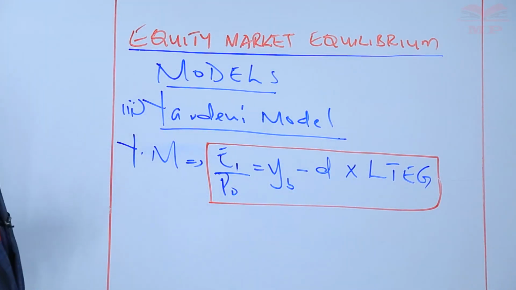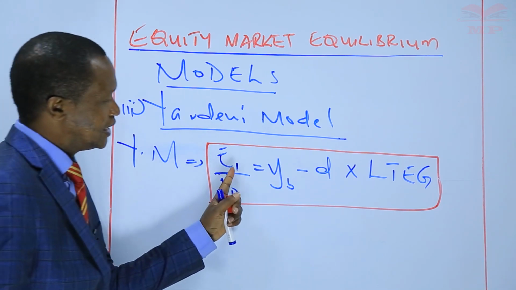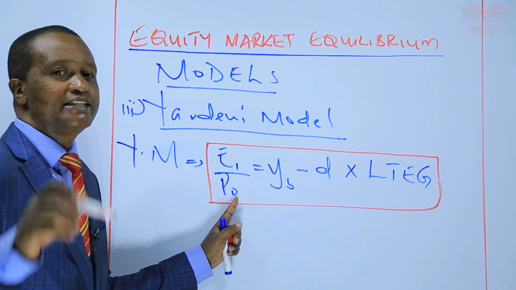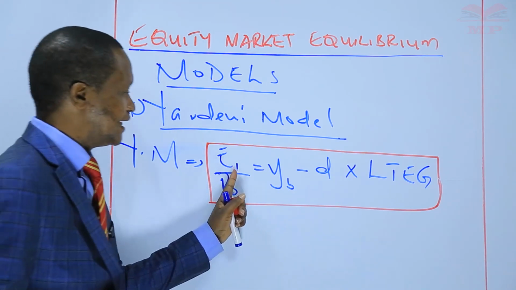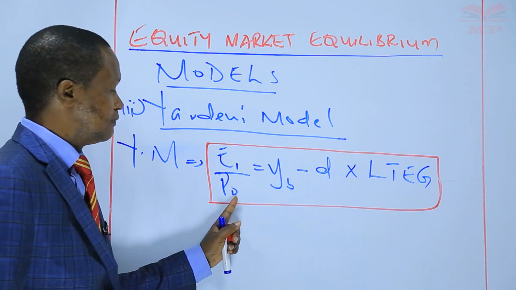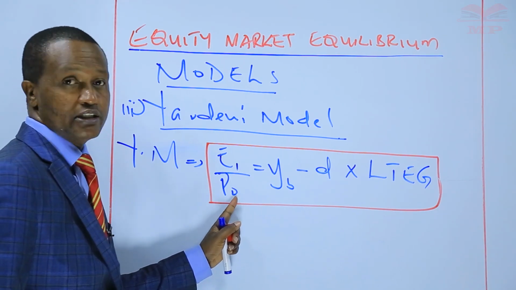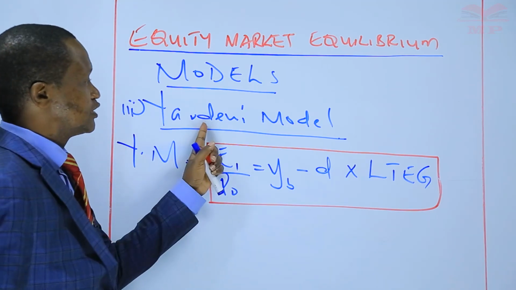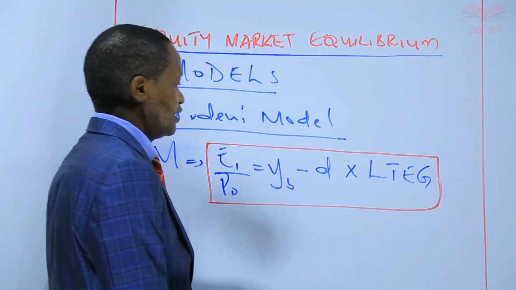Candidates, E1 over P naught is the earnings yield. And in a short while, we will be carrying out some illustrations to help us calculate the earnings yield based on the Yardeni model.